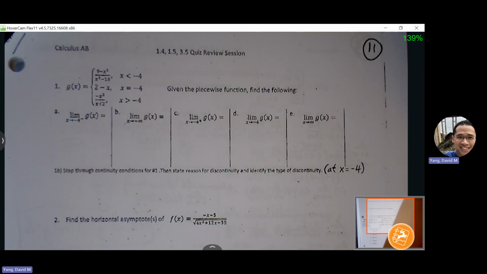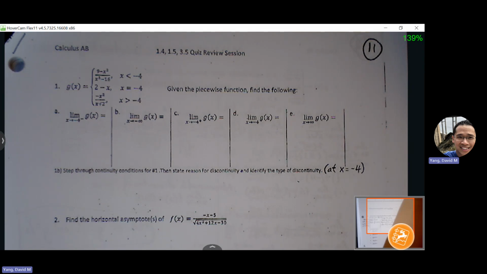What over 0? What's happening? We don't know. So there's no hole here. How do we handle that?